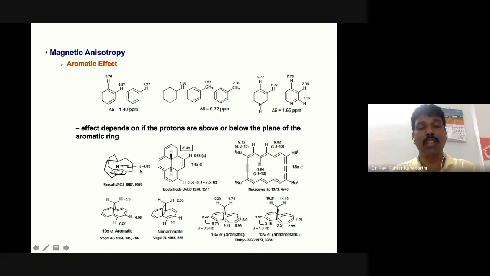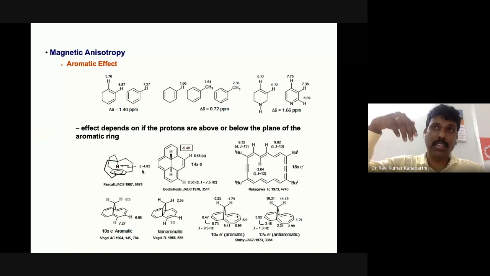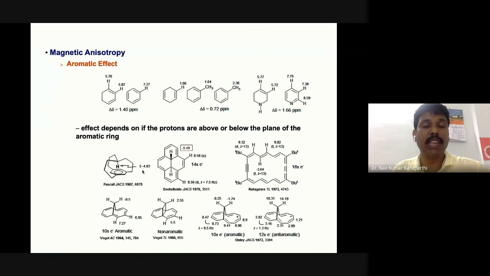This proton is absorbed at minus 4.03. That is where the induced magnetic field in that region is precisely opposing the applied magnetic field. Therefore, it will be absorbed in the highly shielded region.